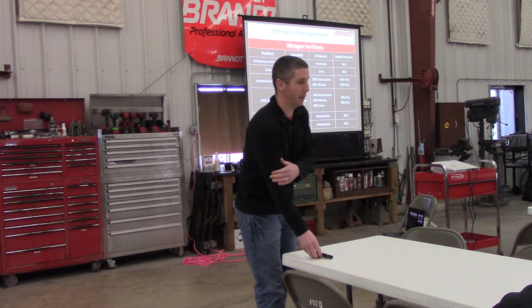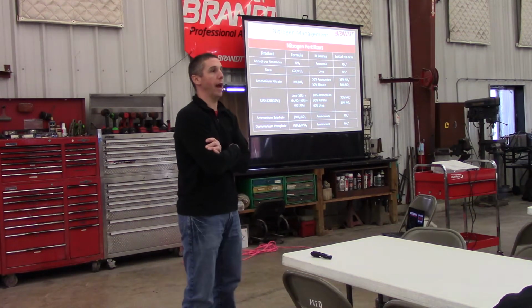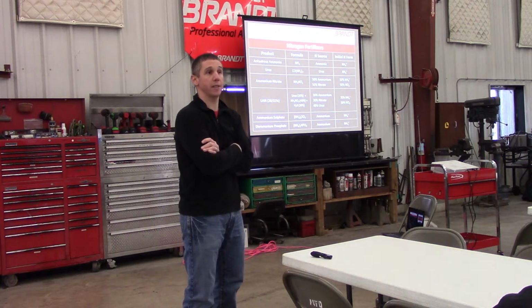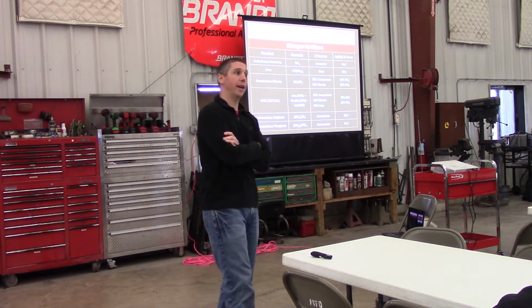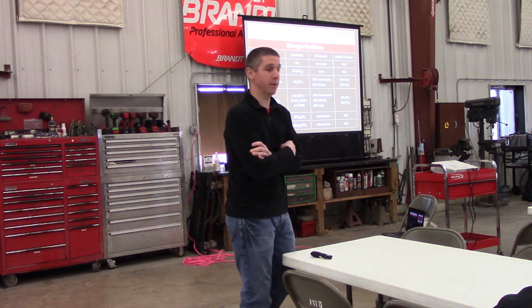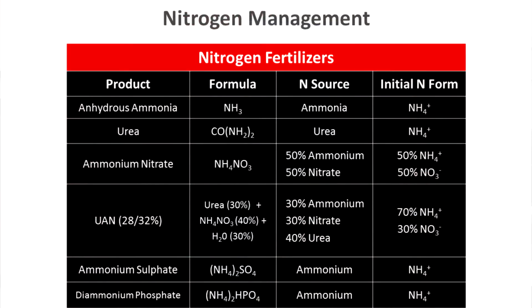I always put this up here because I think people think that just because we put on nitrogen fertilizer, it's all the same stuff. When in reality, 28 is much different than anhydrous ammonia. So when we put on anhydrous ammonia, we have our NH3. You've probably seen that on the scale tickets because none of us want to write anhydrous ammonia and get carpal tunnel.